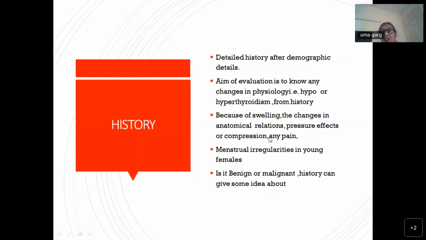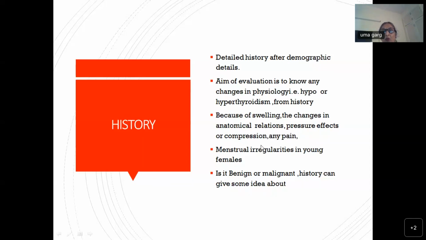When pain is there, it may point towards an inflammatory pathology or sometimes a fast-growing aggressive cancer like anaplastic. Pain may be there in suppurative pathologies, which may be rare. So presence of pain may point towards certain pathologies of the thyroid gland.